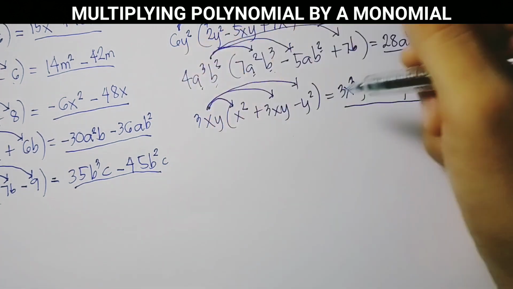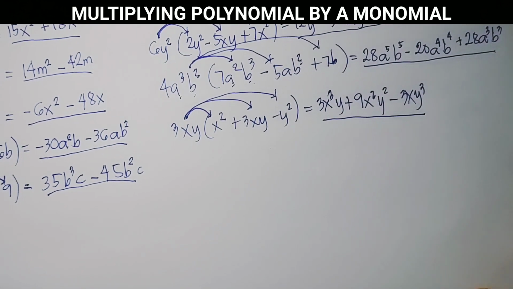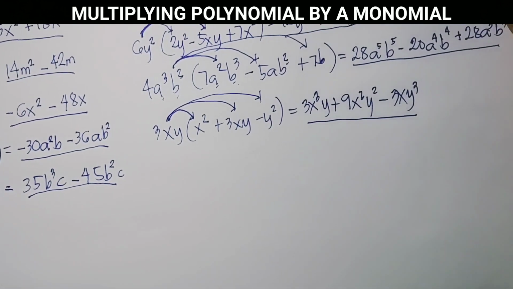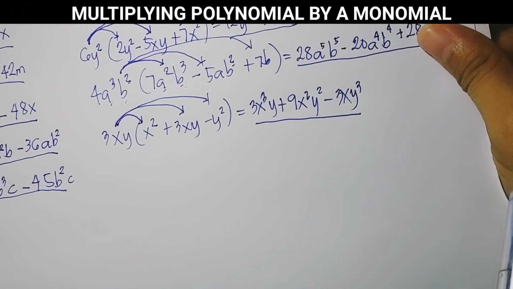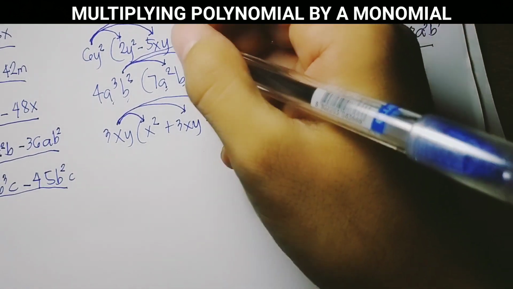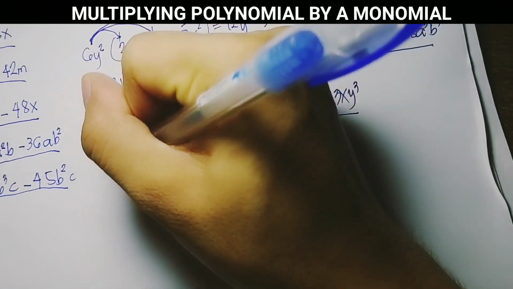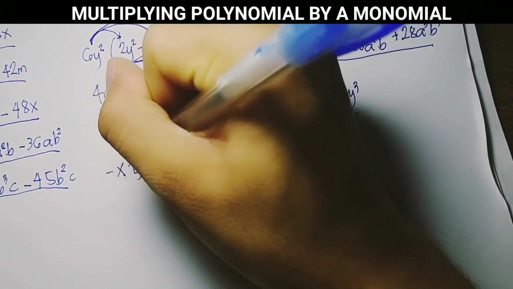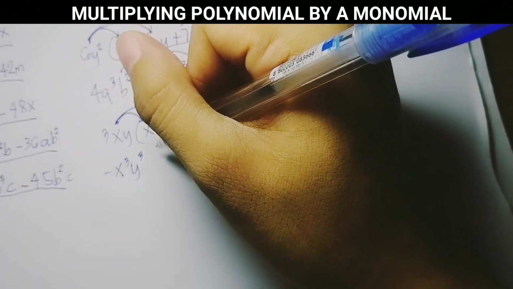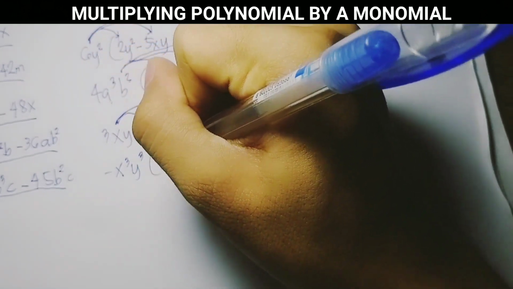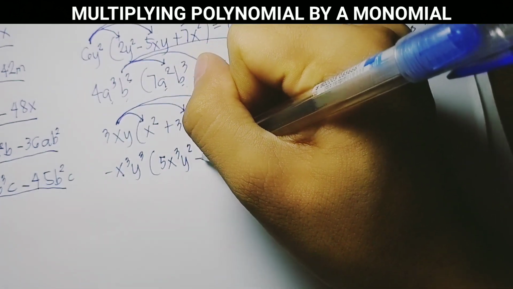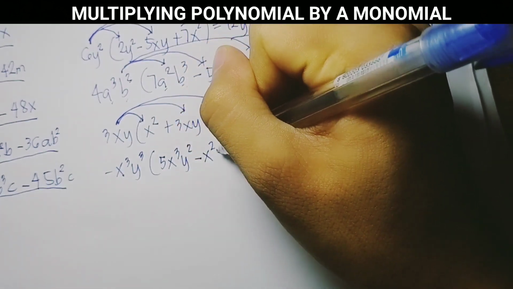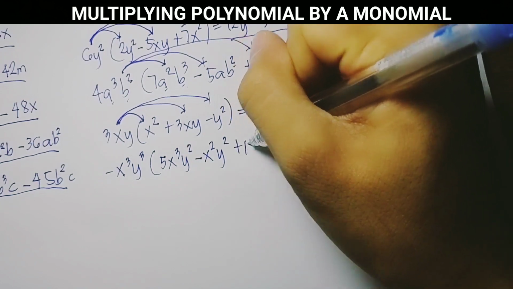Last example na ta kay mas nasabta naman tingali kay daghan naman kay tag examples. Anyway, isa ra man gyud ang atong pamaagi sa pag-solve ato rang i-distribute. So, last example, let's have negative x cube y cube. I-multiply nato sa 5x cube y squared minus x squared y squared plus 12.